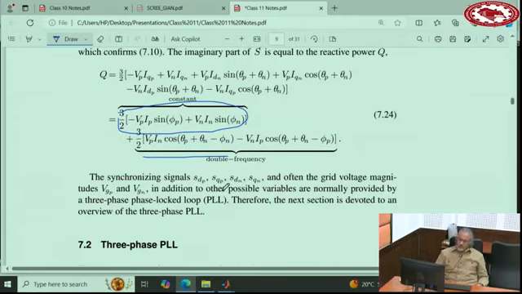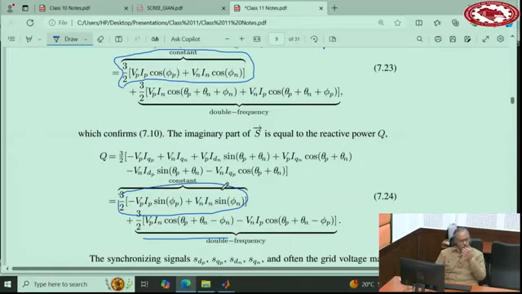Okay, now if you look at these equations, because we are going to work with these equations, several parameters like Vp, Ip, Vn, In, IdP, IdN, IqP, IqN, all these parameters appear. These are the positive sequence and negative sequence components of the voltage and current.